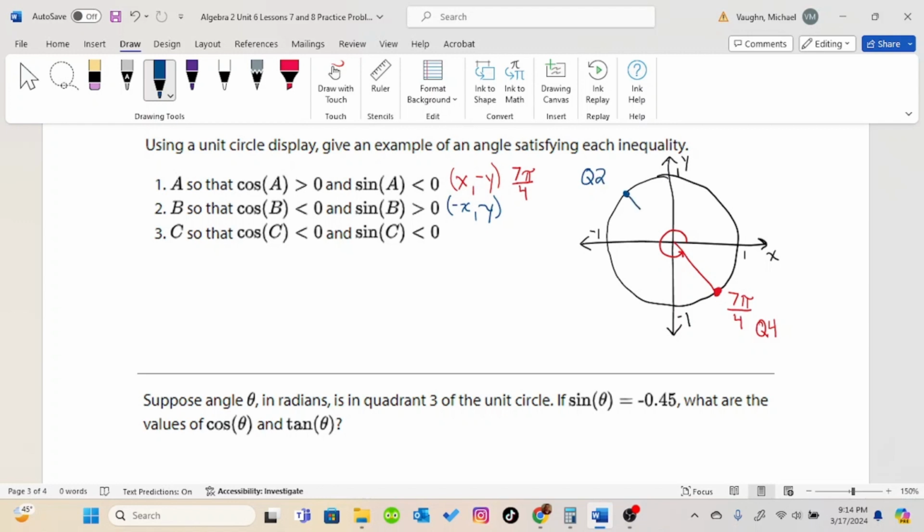So we could draw this angle here, in which we would say this is 3/4 of pi. So 3/4 pi would work for number 2.